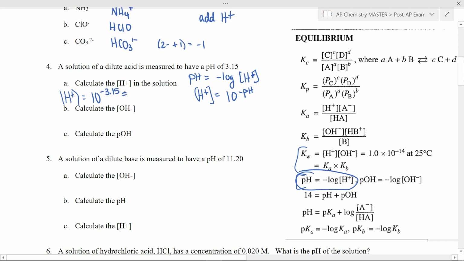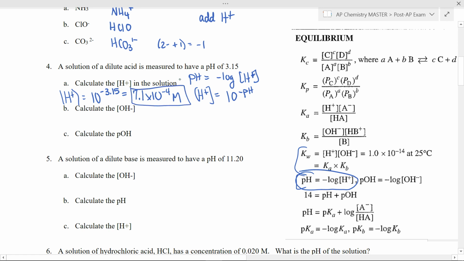I'm doing this live here, so I'm plugging this in my calculator. Make sure you practice plugging these into your calculator. Each calculator is different, and you want to know how this works. So I get 7.1 times 10 to the -4 molar. This is the concentration, so it's in molarity. That is my hydrogen ion concentration.